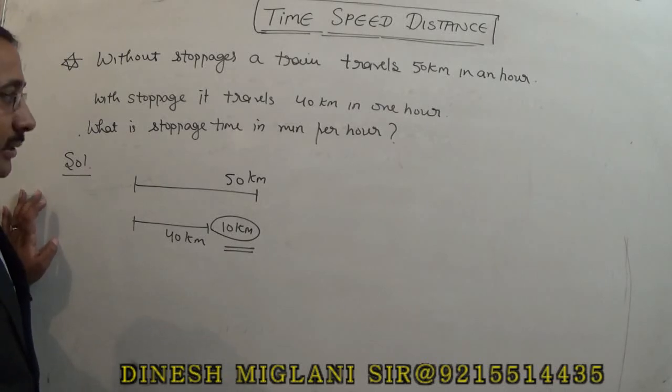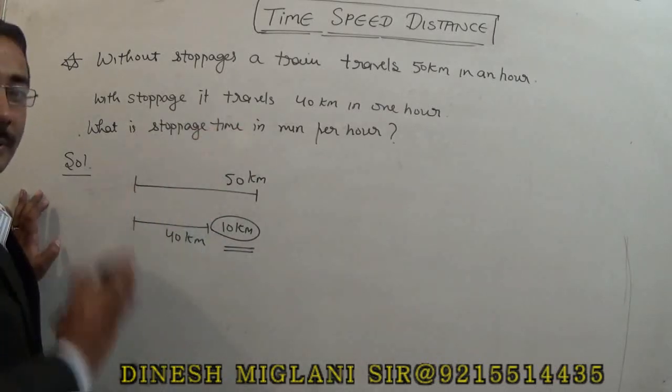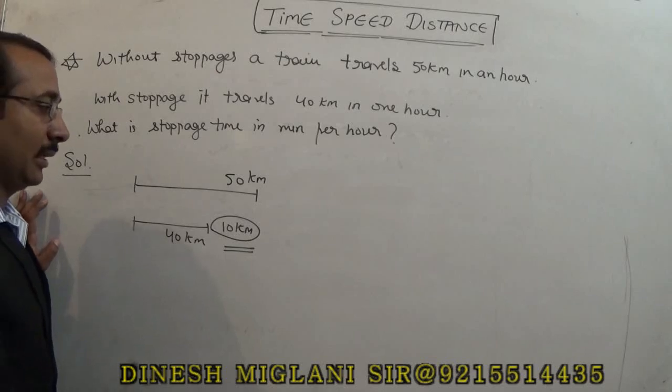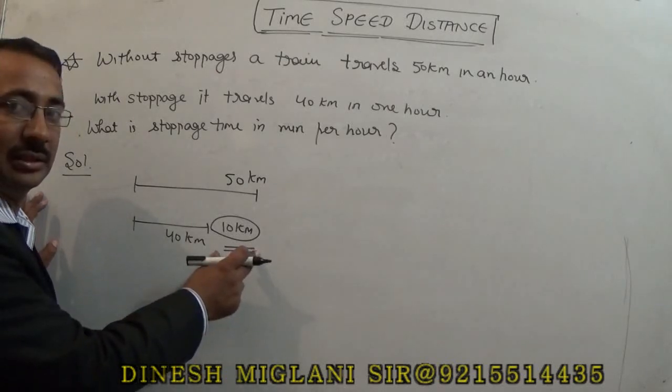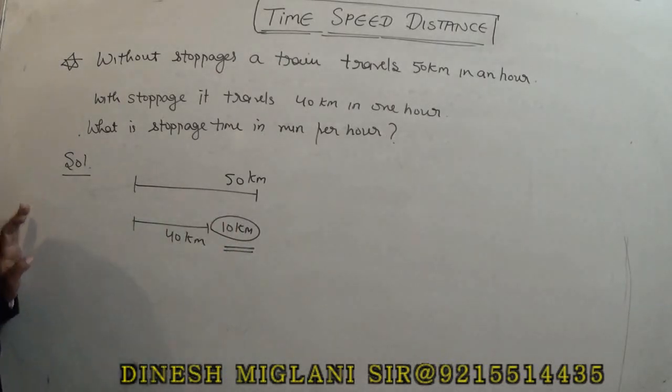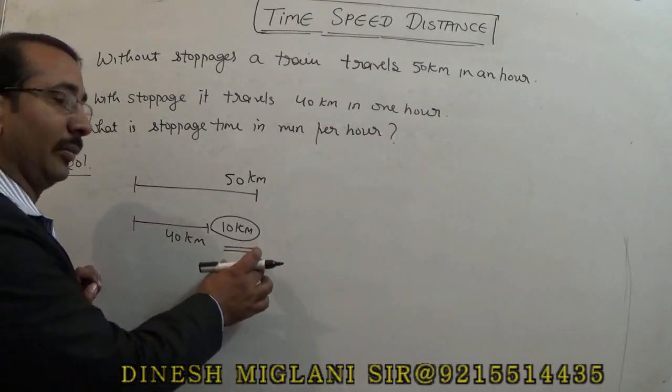Right? For how many minutes he took stoppage, that is the time taken by him to travel this distance of 10 kilometers. So for finding out the stoppage time, we have to find the time taken by the person to travel this 10 kilometers.